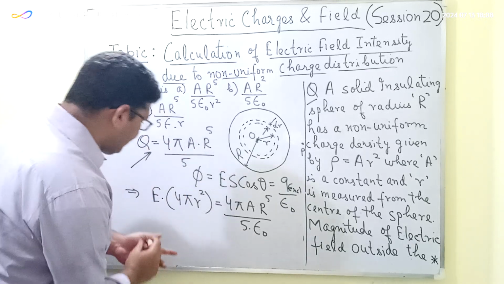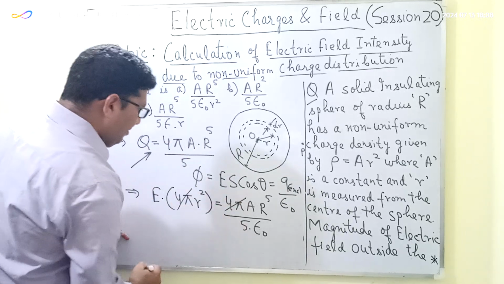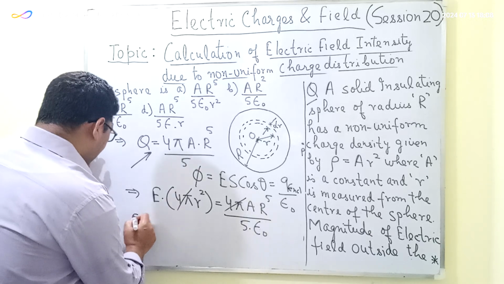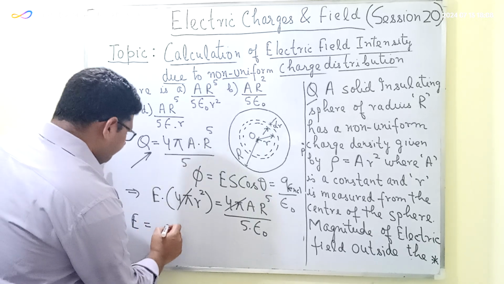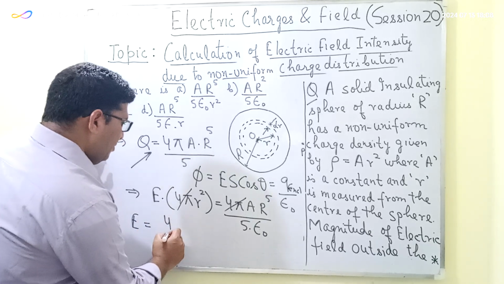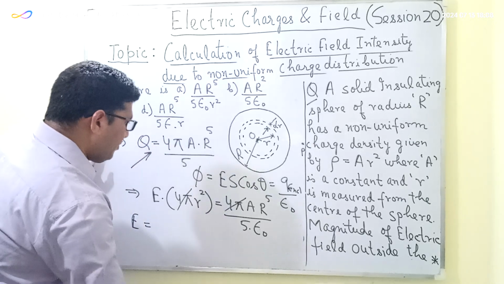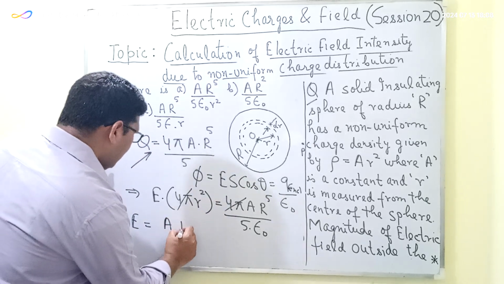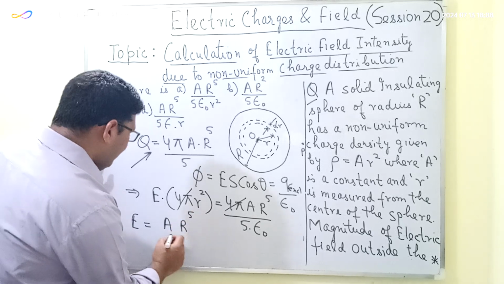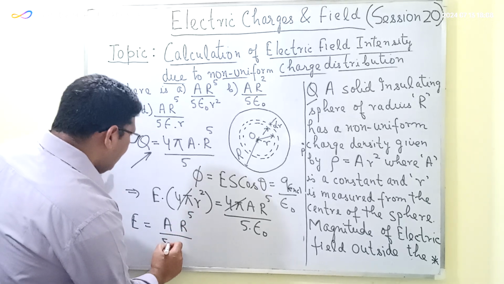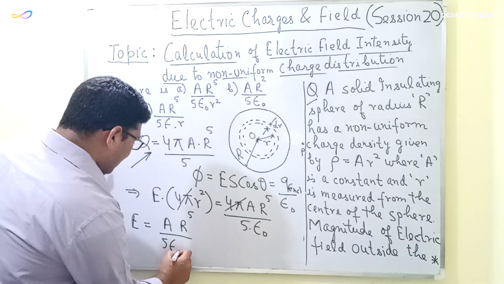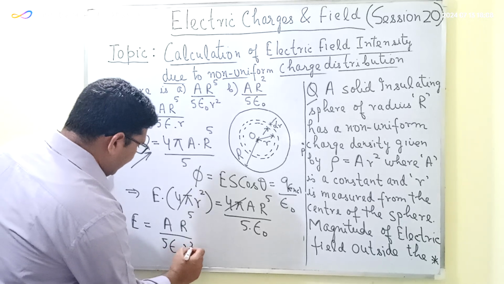So this is the equation which I have got finally, and by solving this equation, we will be able to get the value of E as A R to the power 5 divided by 5 epsilon naught r square.